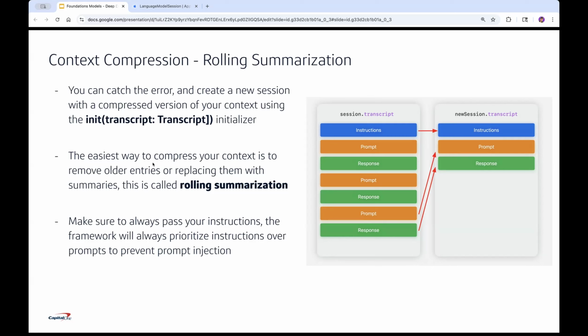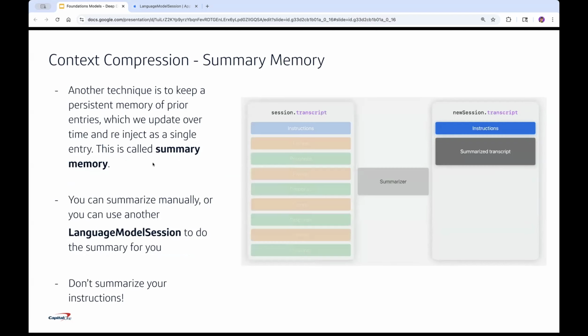The first strategy to roll over your context is simply to take the latest, most relevant entries of your context. As you can see in the diagram, we're moving the latest prompts and responses. We also always make sure to move the instructions as is. And as Russell explained, instructions are really important because they take precedence over everything else, and they're really important to avoid prompt injection.